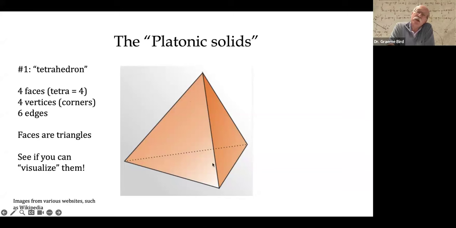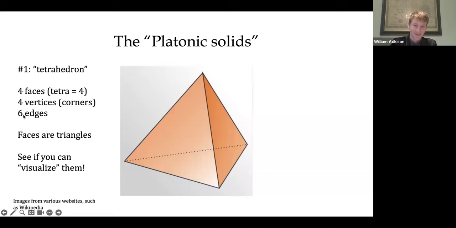Euclid's definition is that it's got to have a polygonal base, so it could be a triangle, square, or pentagon, and then it'll have triangular sides meeting at the top. But when he comes to refer to the Platonic solid, instead of saying tetrahedron, he just says pyramid and assumes we know which one he means.